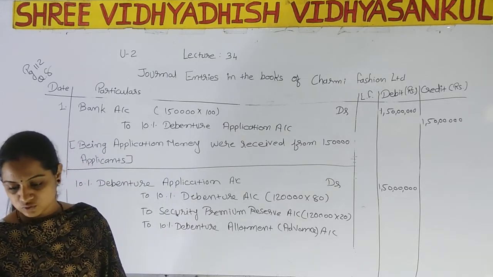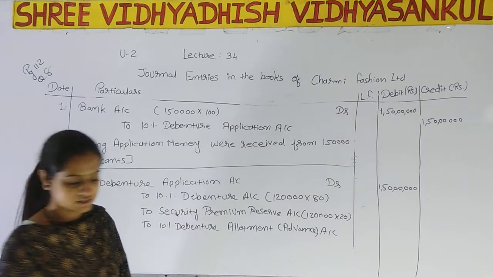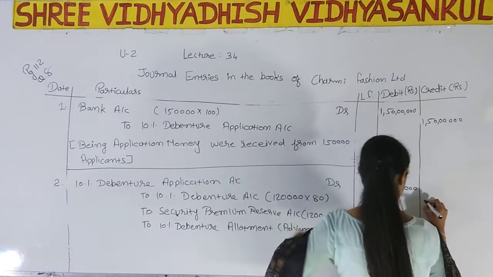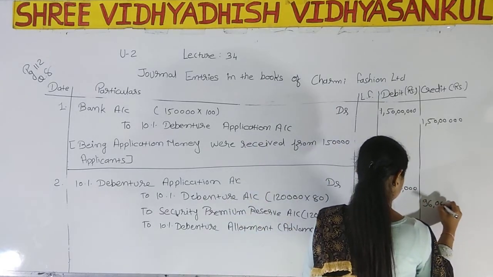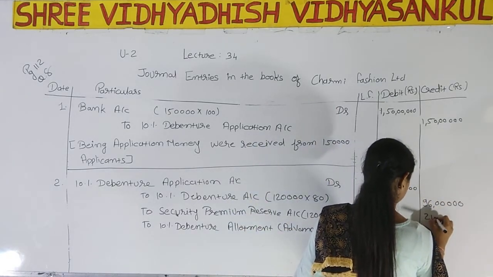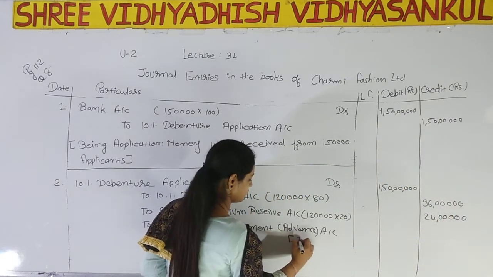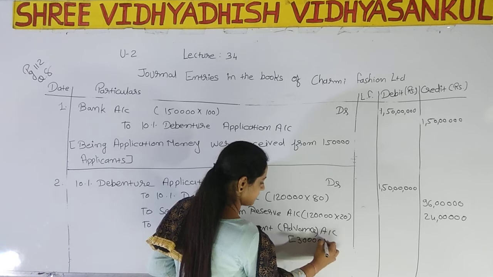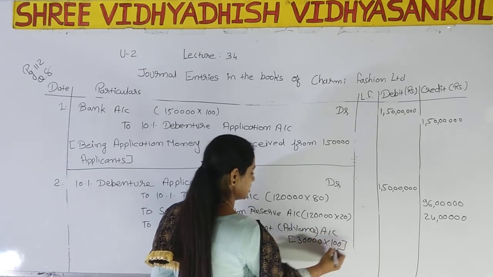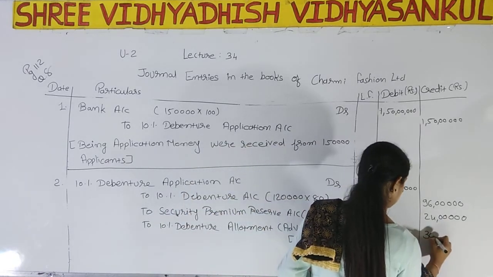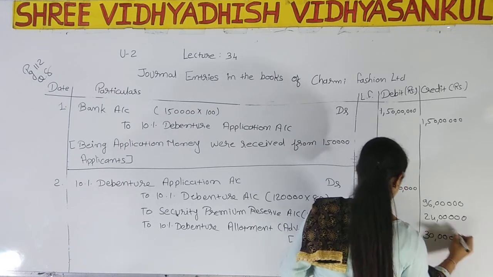So that amount will be 96 lakh and 24 lakh. And here we have to transfer 30,000 additional applications into 100 rupees in allotment. So the amount will be 30 lakh.